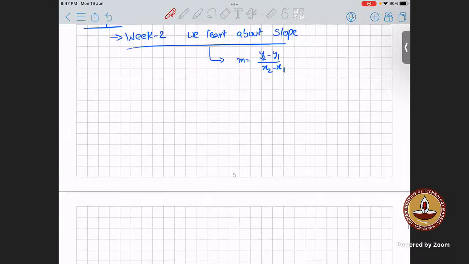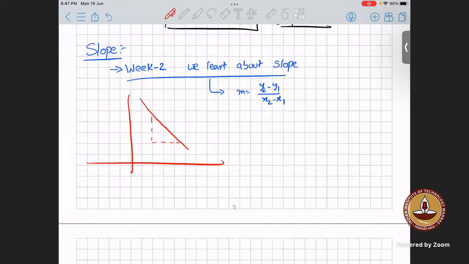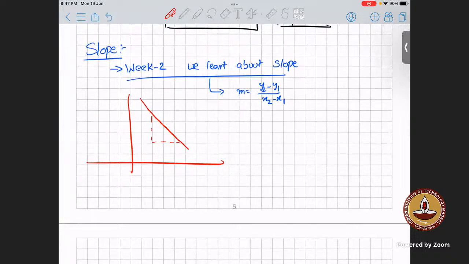Look, what is happening here is that, listen to this very carefully. Rise and run. Here there is a change in x, and there is some significant change in y.